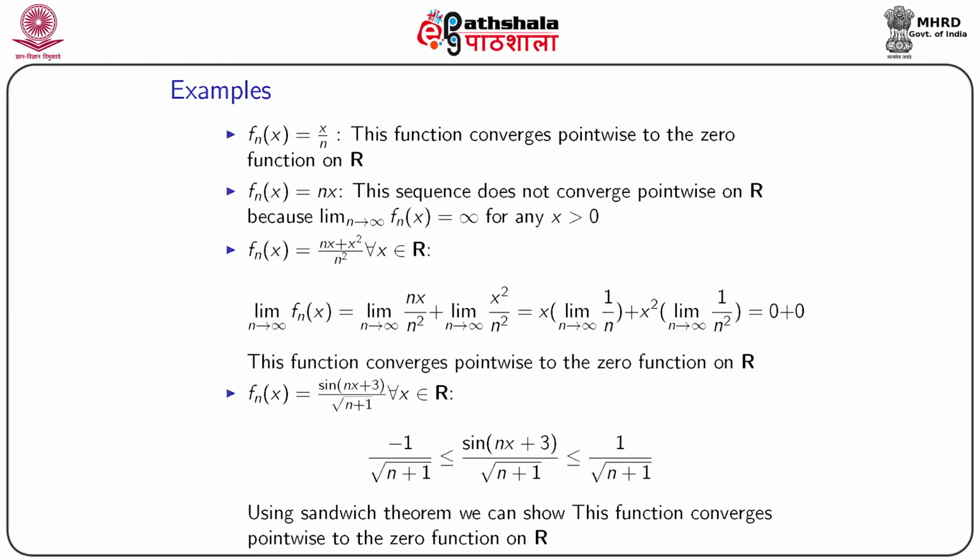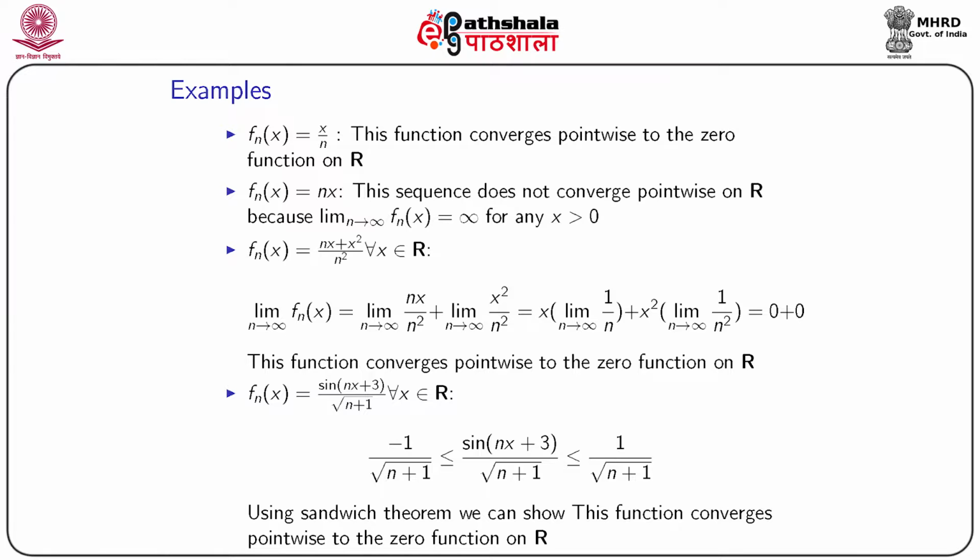The last example that I will be considering in this slide is fn(x) equals (sine nx plus 3) over square root of (n plus x), for all x belonging to R. Now we can see that (sine nx plus 3) over square root of n plus 1 is greater than or equal to minus 1 over square root of n plus 1, and less than or equal to 1 over square root of n plus 1, using the property of the sine function. So now we will be using the sandwich theorem.